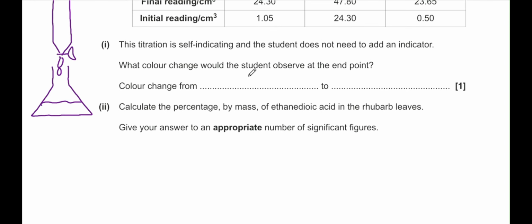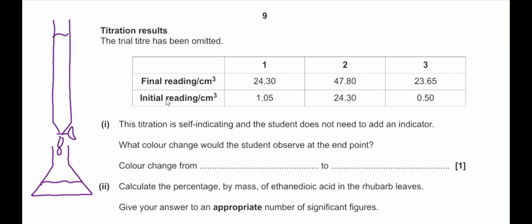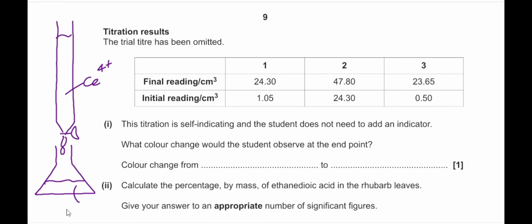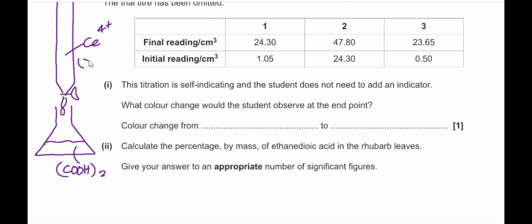So let's write, this is Ce4+ ions in the burette, and the conical flask contains ethane dioic acid. This is yellow in the burette and this is colorless in the flask.